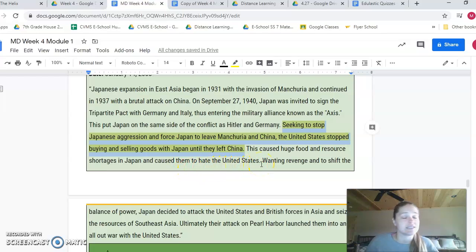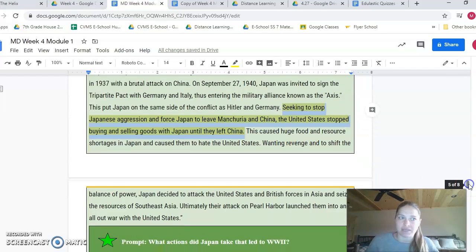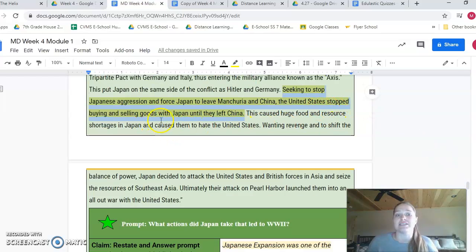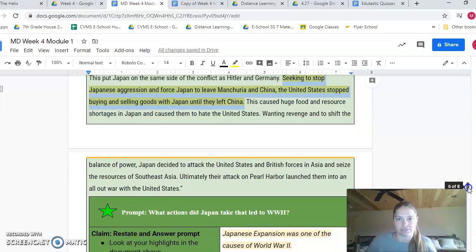So Japan, as beautiful a country as it is, the way that it is made up, their soil is a lot of rocks and mountains, and there aren't a lot of resources that you're even able to grow there or to have there. So that's why they had to go out to other places, including the United States, to get their resources. Okay, because the United States stopped buying and selling goods, specifically oil, Japan was left in a really dire place. They did not have anything coming into their country, food or industry, that they would be able to survive on.